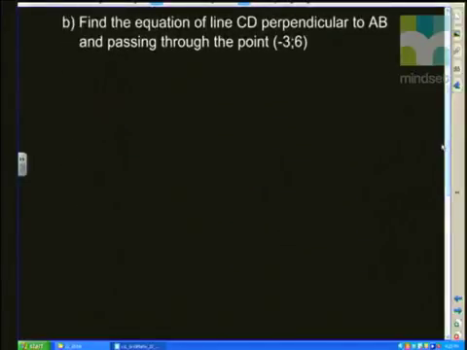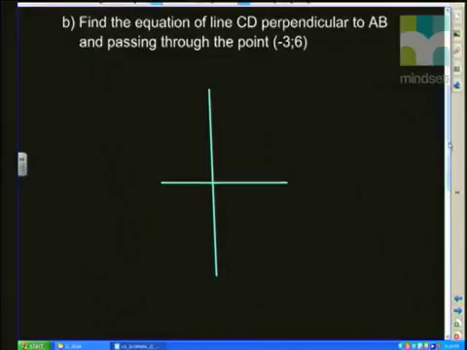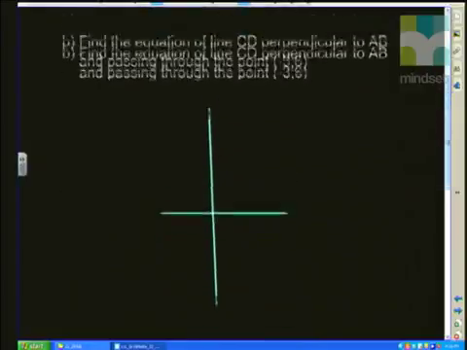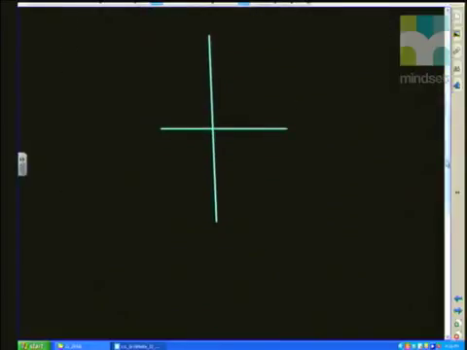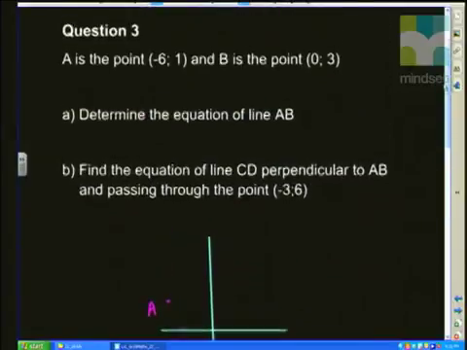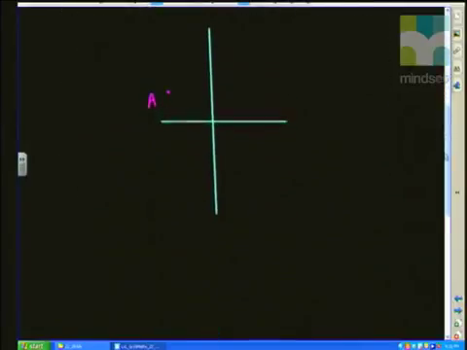Now, you've got 2 points. Let's set this up on a system of axes. I'm just going to roughly put the points down where they should be. So we've got A is the point minus 6 and 1. So A is minus 6, let's just say somewhere there. Y is 1. And then we've got B is the point 0 and 3.